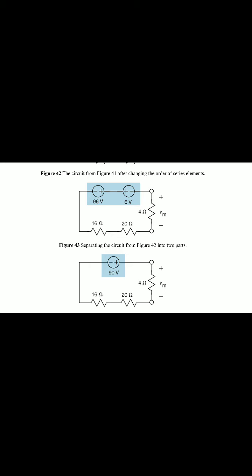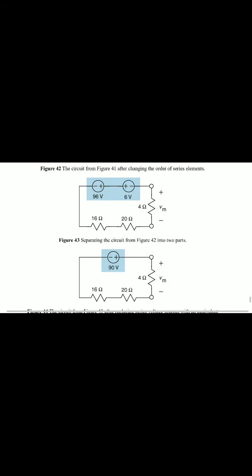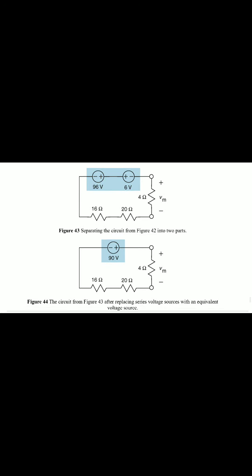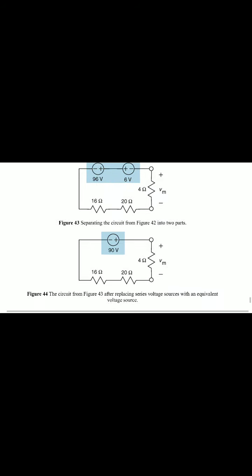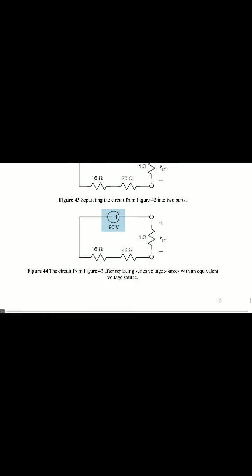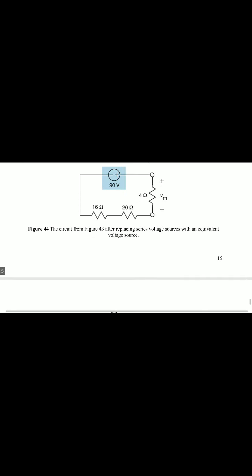Figure 42, the circuit from figure 41, after changing the order of series elements, so 96, 6, 4 ohms, 20 ohms and 16 ohms. Here separating the circuit from figure 42 into two parts, so the result is 90 volts, 4 ohms, 20 ohms, 16 ohms.